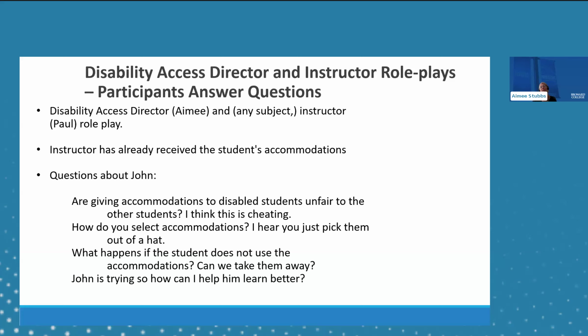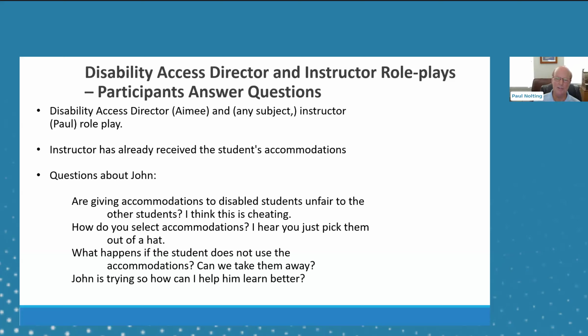It's not meant to be an unfair advantage. If the student asks you to do anything that's not on the accommodation plan, please check with the accessibility coordinator, because accommodations are meant to level the playing field and assist them, similar to how glasses do if you have an issue with your sight.